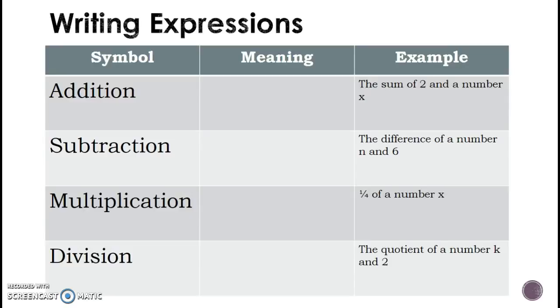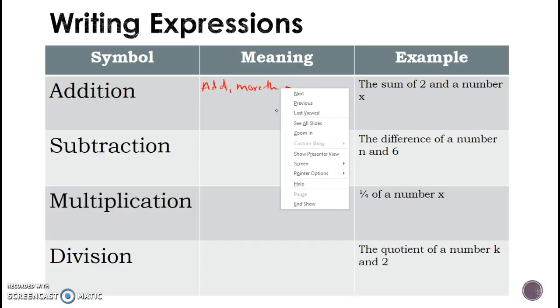So writing expressions, the key words, and there are some others that we can come up with, but addition, we obviously know add, and more than, more. Ooh, let's try that again. More than. Sum.